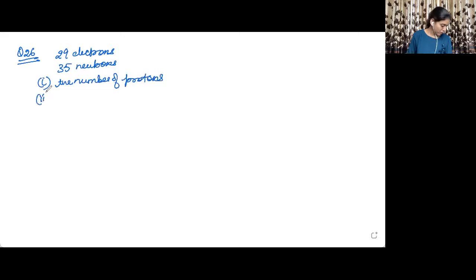Second is, we need to write the electronic configuration of the element. Okay, now see, here the question is very simple, but this value has been given just to confuse you. Okay, the number of protons we need to find out.